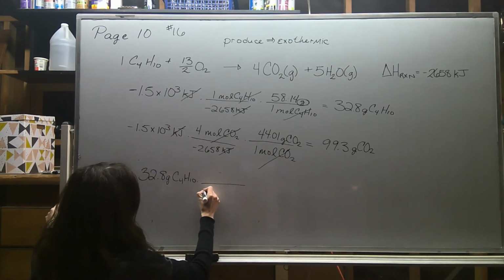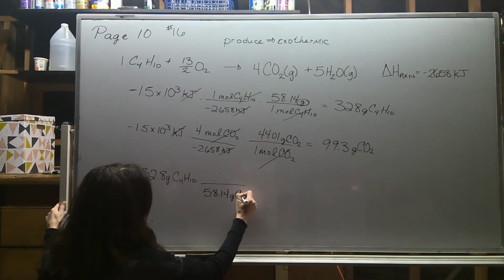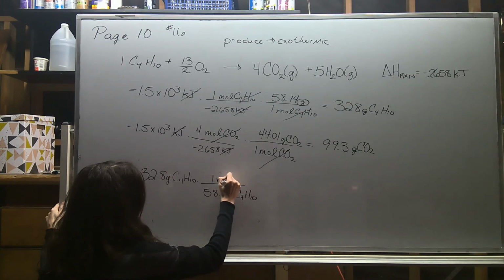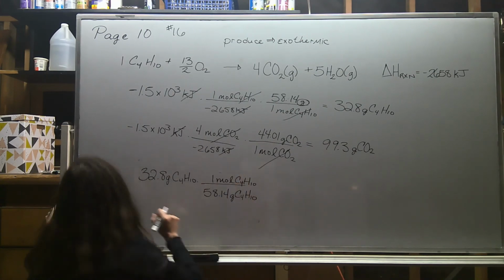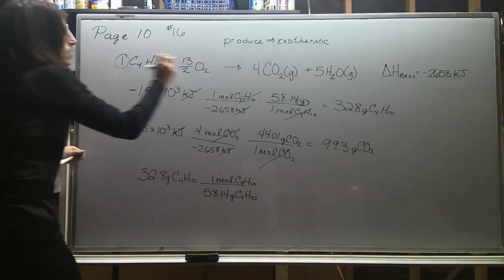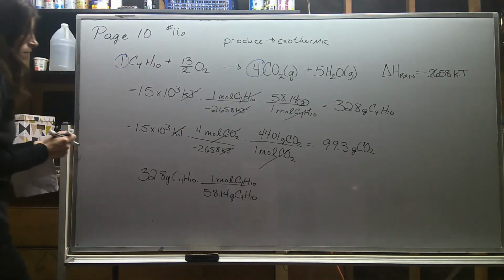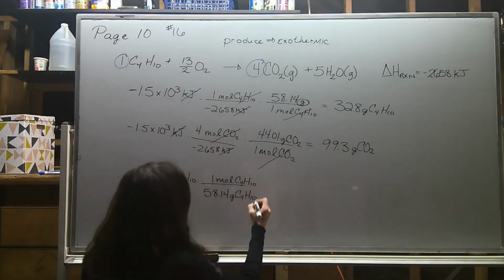We have the molar mass. And then using the mole to mole ratios from the balanced equation, so I'm going to use the 1 and the 4, I can turn the butane into carbon dioxide.